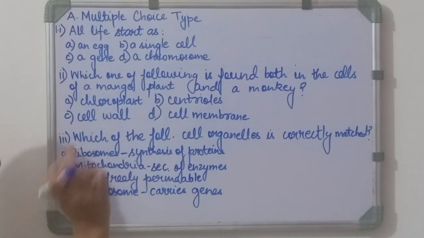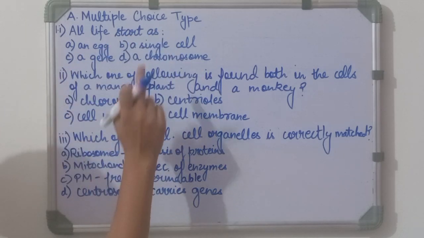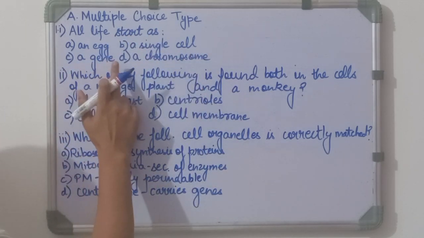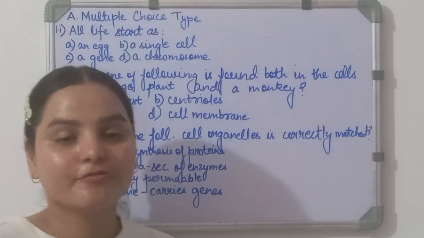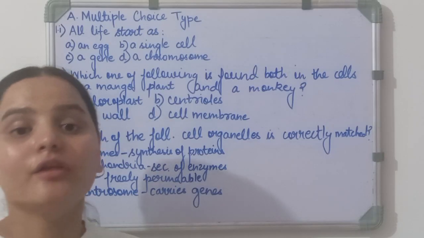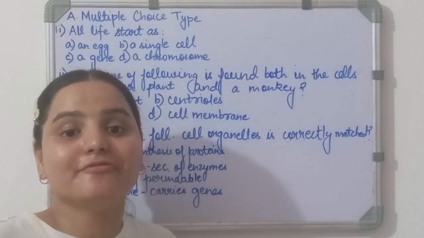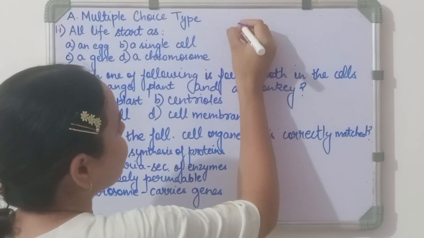So let's start. All life starts as an egg, a single cell, a gene, a chromosome. Okay. So in our first lecture of this cell chapter, we studied that all organisms start their life as a single cell. See how it happens. This is an egg.